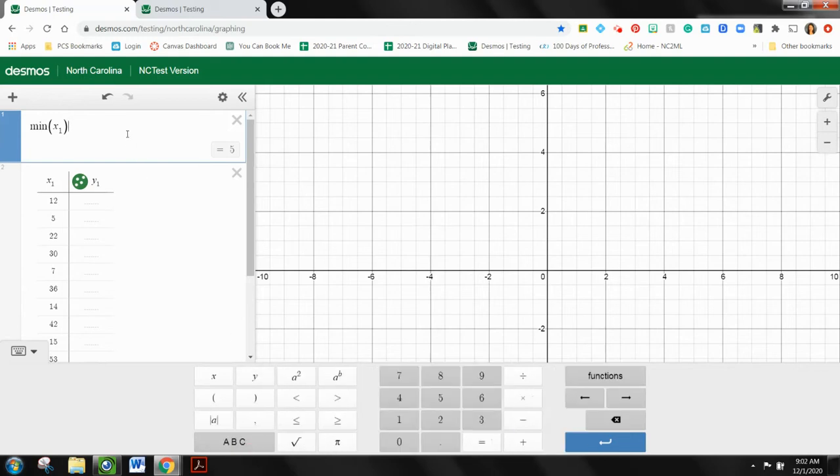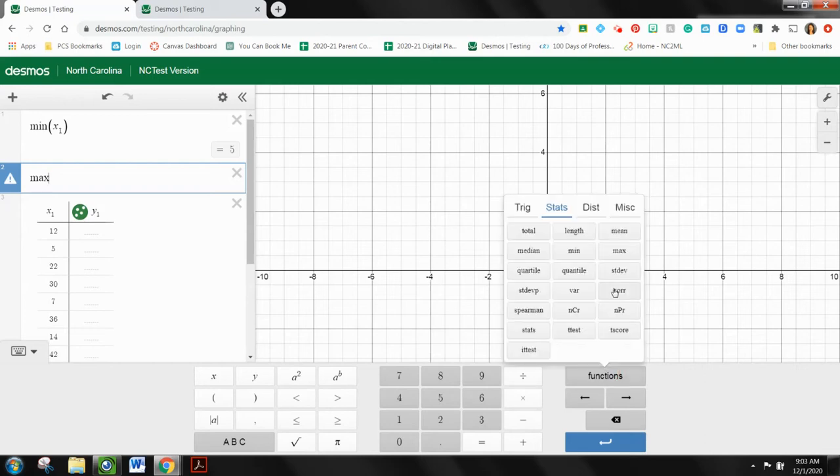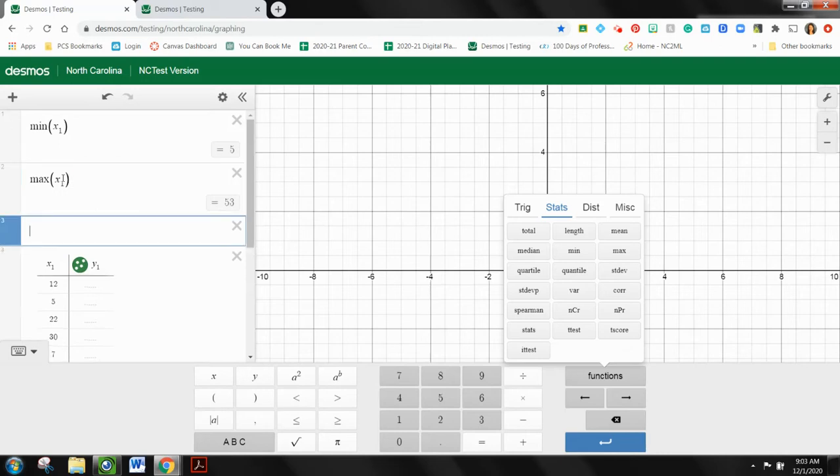So the minimum value of this list is 5. I'm going to do the same thing to find the maximum. You can go to functions and click max, or you can just type it into your function. So that's my maximum, 53.